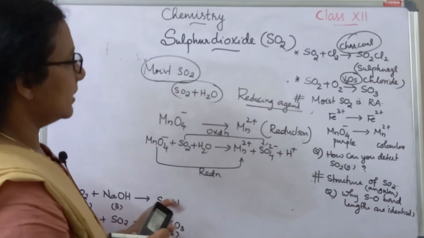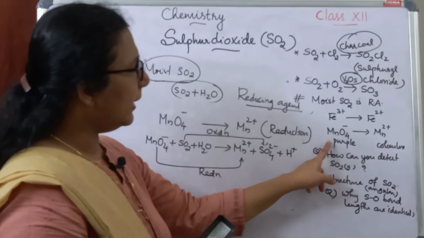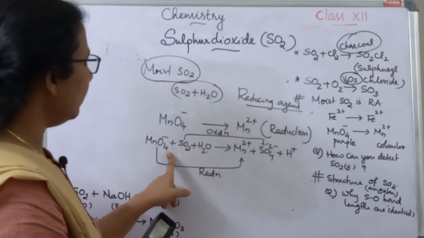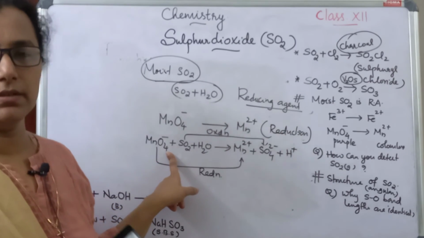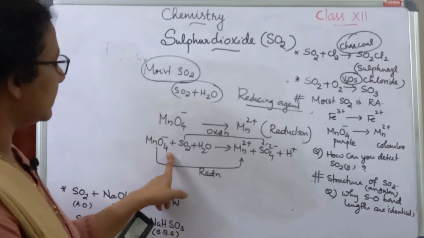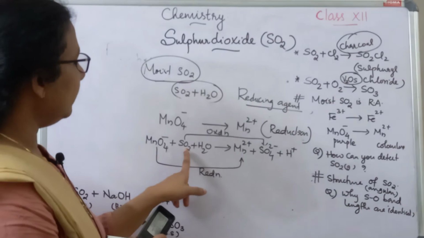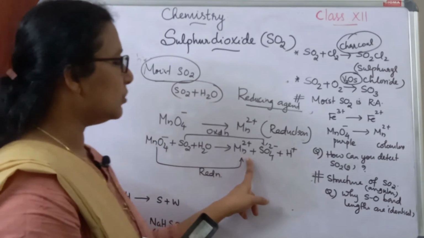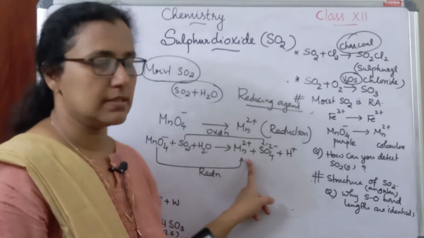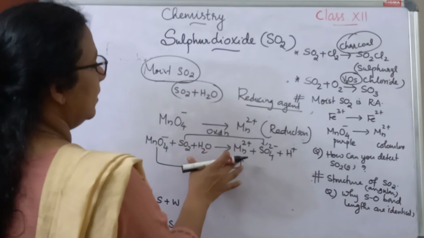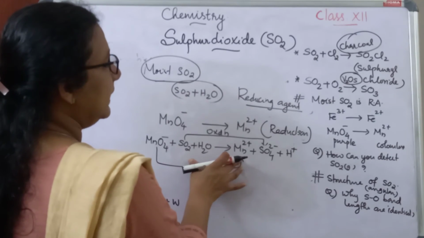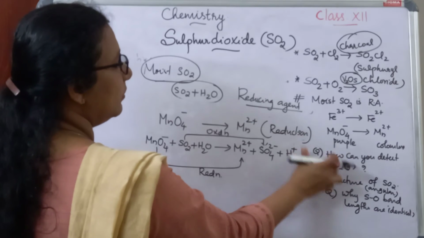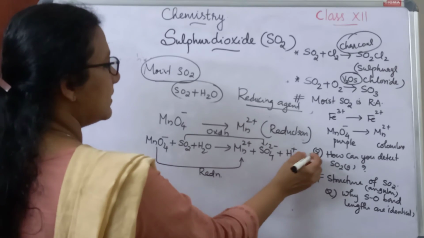In this reaction, MnO4- or KMnO4, potassium permanganate, is purple in color, and if we pass sulfur dioxide through this, we get Mn2+, which is colorless. So we can use this reaction for the detection of SO2. How can you detect SO2 gas? That's an important question.